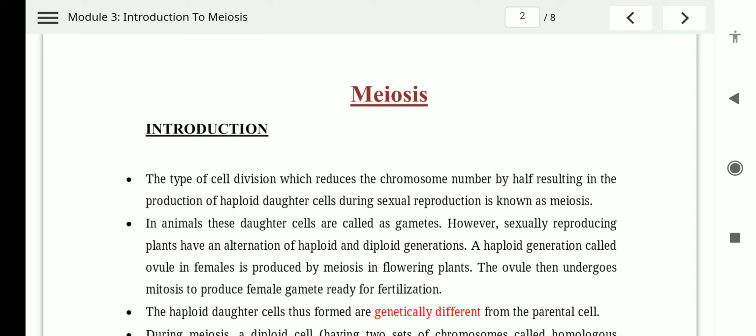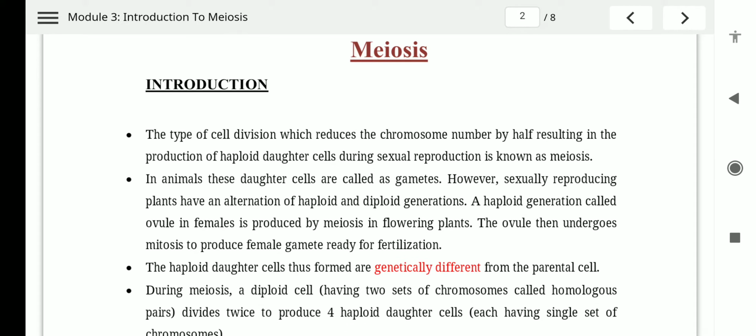It means it is a mode of sexual reproduction in which the daughter cell contains half the number of chromosomes of its parental cell. In animals, daughter cells are called gametes. Suppose sperm is a gamete, ova is a gamete.